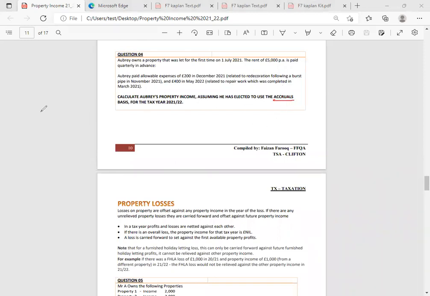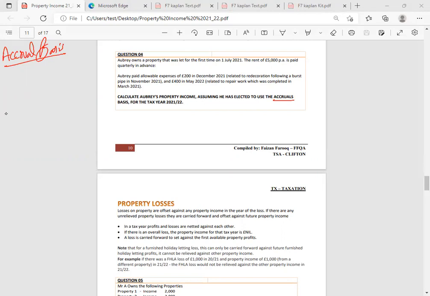Aubrey paid allowable expenses of £200 in December 2021 related to redecoration following a burst pipe in November 2021, and £400 in May 2022 related to repair work which was completed in March 2021. Calculate Aubrey's property income assuming he has elected to use the accrual basis for the tax year 2021 to 2022.